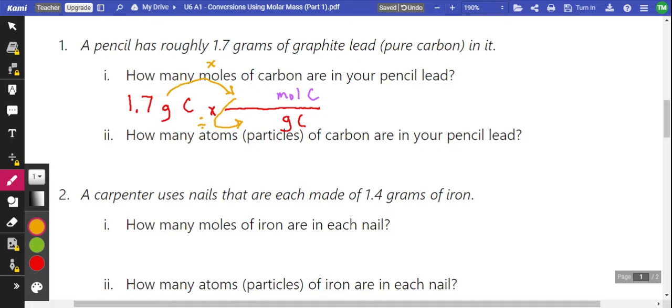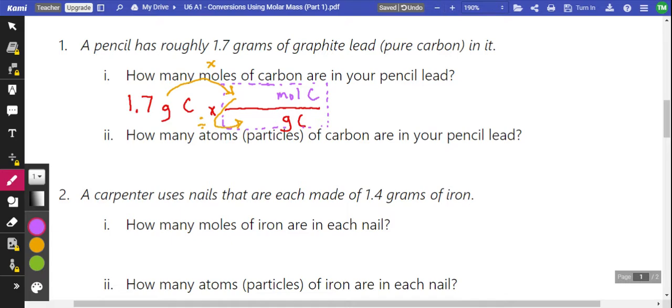All right, so now all I have to do is figure out how many grams of carbon are in a mole of carbon. So this is a conversion factor, just like 12 inches in 1 foot or 60 seconds in 1 minute. I want to know how many grams are in 1 mole. Well, that's what the molar mass is for on the periodic table.